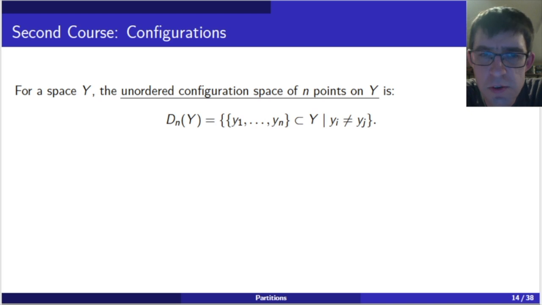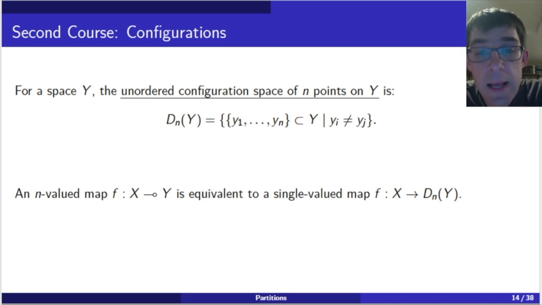But anyway, the unordered configuration space of n points, I'm going to write Dn of y, and what this is, it is the set of all collections of n different points in y. All right, this is called the unordered configuration space. It is the set of all different ways you could choose n different points. They have to be distinct n different points. All right, and it should make sense, I hope.